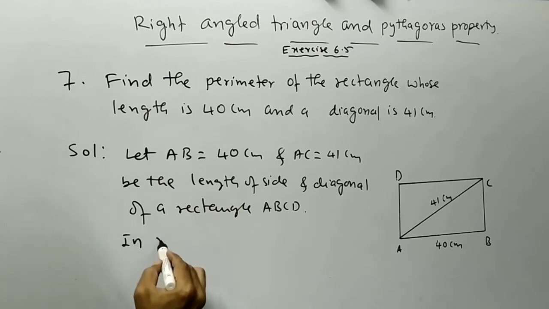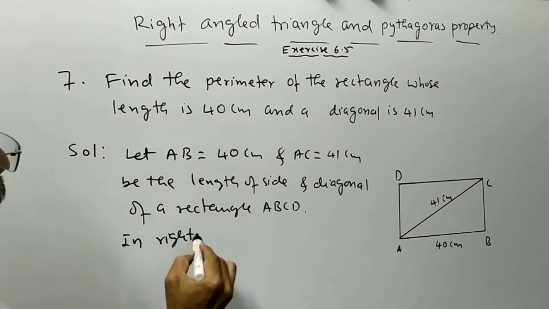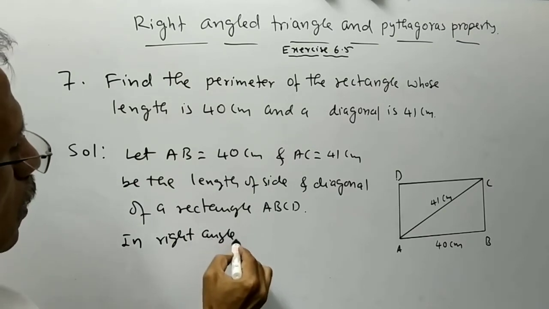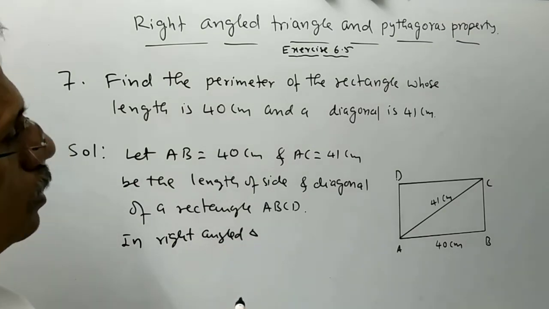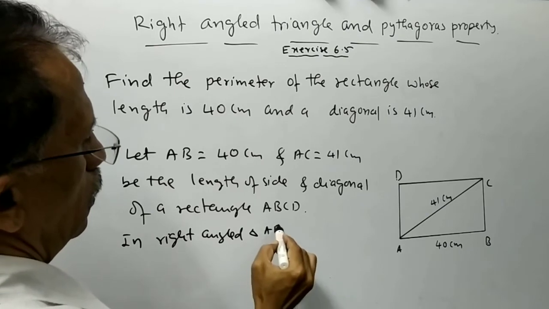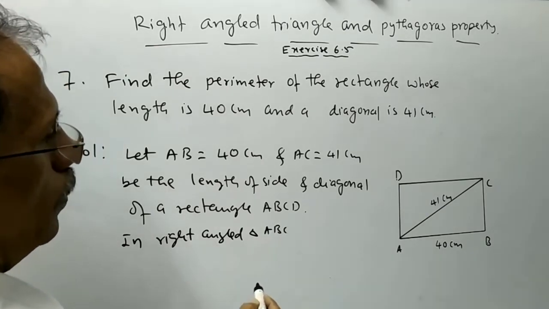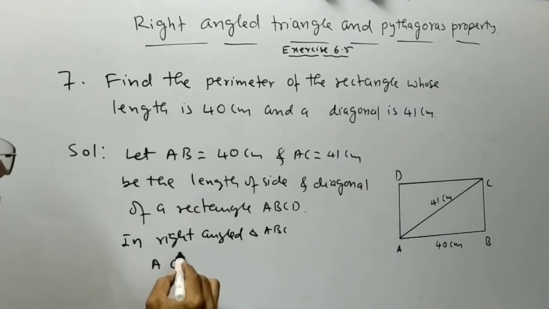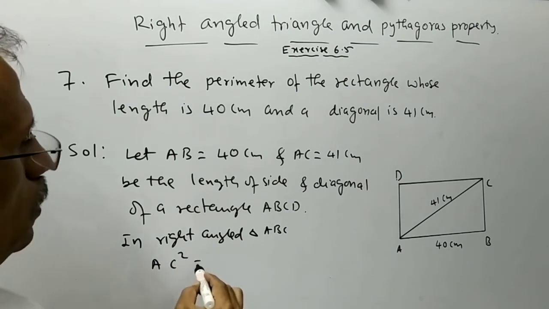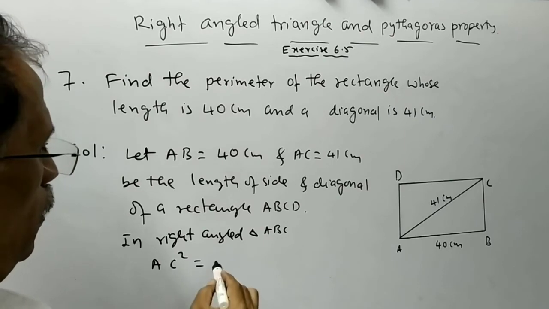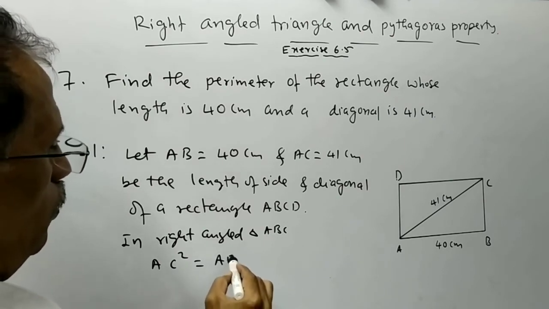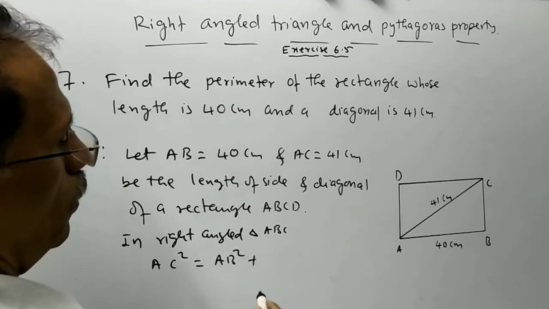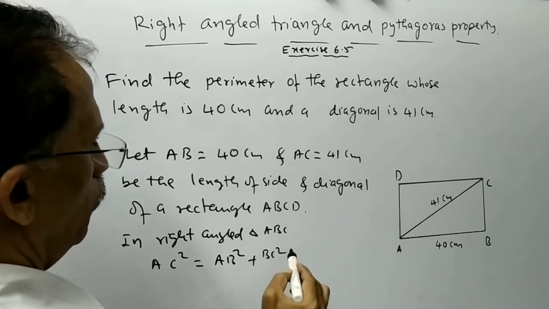In right angled triangle ABC, AC square is equal to AB square plus BC square.